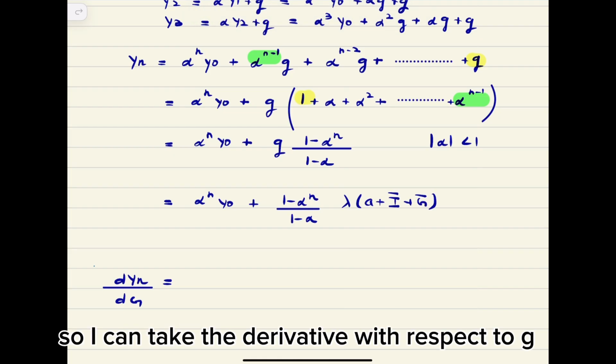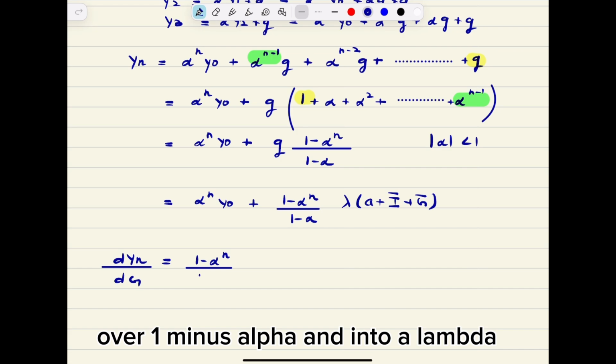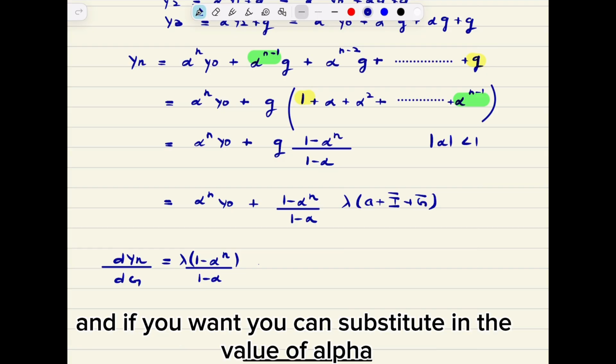So I can take the derivative with respect to G, and it's going to be 1 minus alpha power n over 1 minus alpha, into lambda. So this is our multiplier, and if you want you can substitute in the value of alpha.